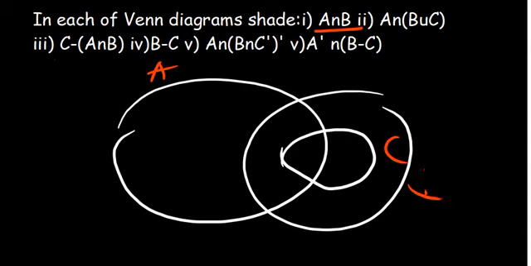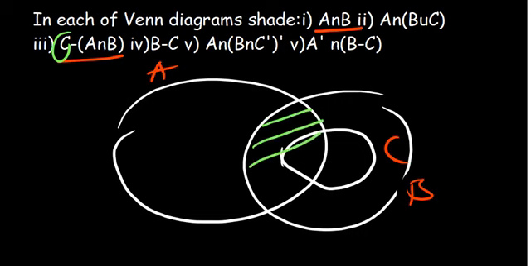Let's move on to the third one. Our third one is C minus (A intersection B). This requires us to exclude A intersection B from the region that is part of C. We're interested in C, but we're excluding the intersection of A and B. The intersection of A and B is this region.